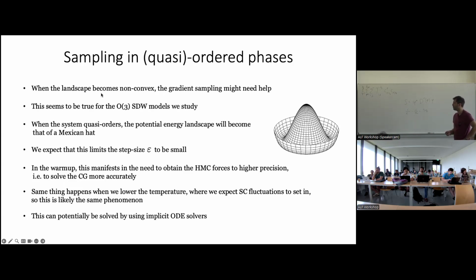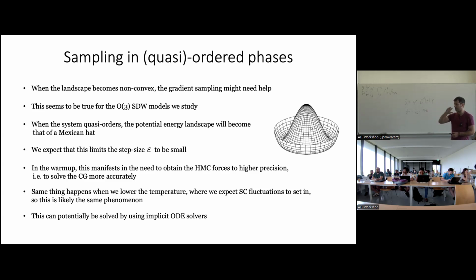When the landscape becomes non-convex, the gradient sampling that we do in HMC might need some help. So for example, in this O(3) spin density wave model that we study, at finite temperature we have some quasi-long range order, say in the clean case.